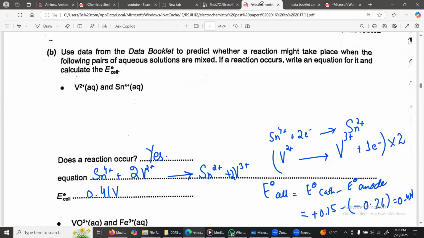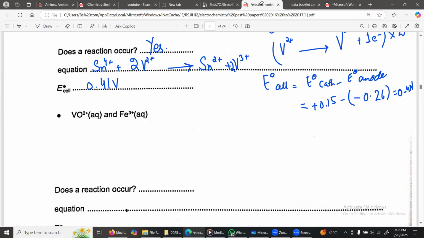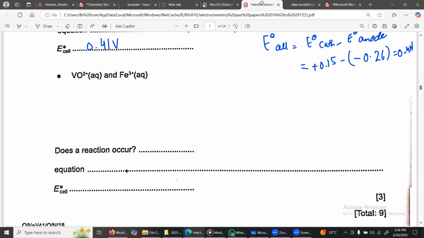Now the next one is VO2+ and Fe3+, aqueous. Does the reaction occur? If it will occur, then I have to write the equation. If it doesn't occur, then there is no reaction and I will not write the equation.